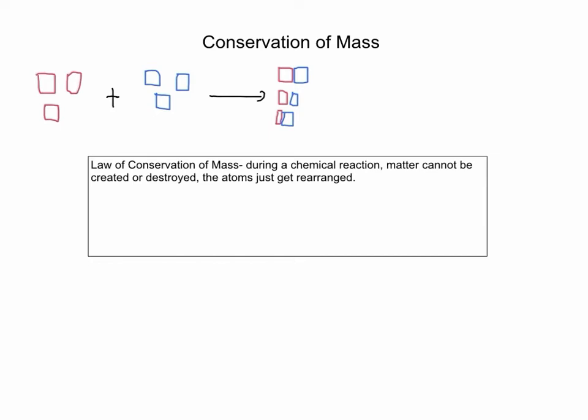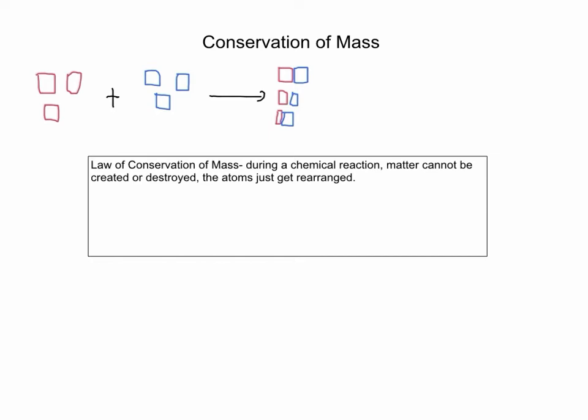And in this block square example, you can see that we went from a group of red atoms and a group of blue atoms, and we rearranged them into groups of red and blue atoms. This is exactly what happens in a chemical reaction. But let's rephrase this law in a couple of other ways.